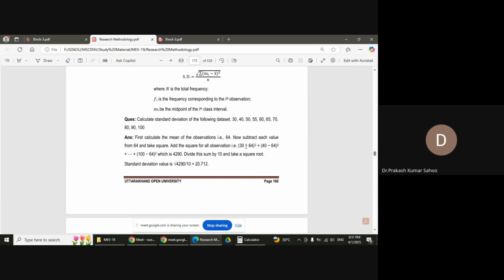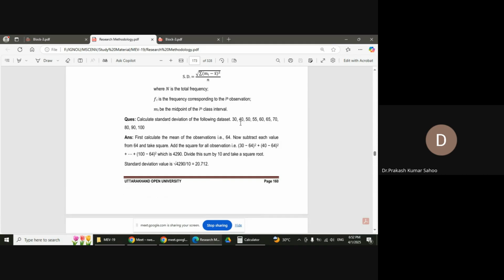Just see, the minus value gets squared and becomes positive. So the squares of all the differences become positive values, with a sum of 4290. Like this the 10 calculations were made, and this is divided by 10. The square root of 4290 divided by 10 becomes 20.712, which is the standard deviation of this set of data.